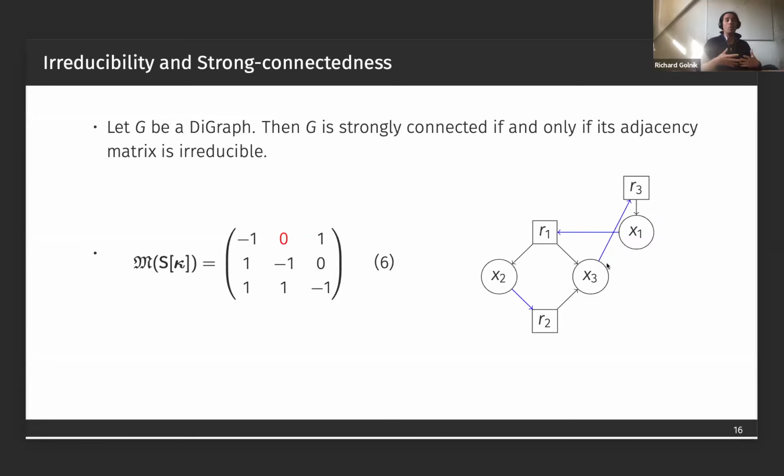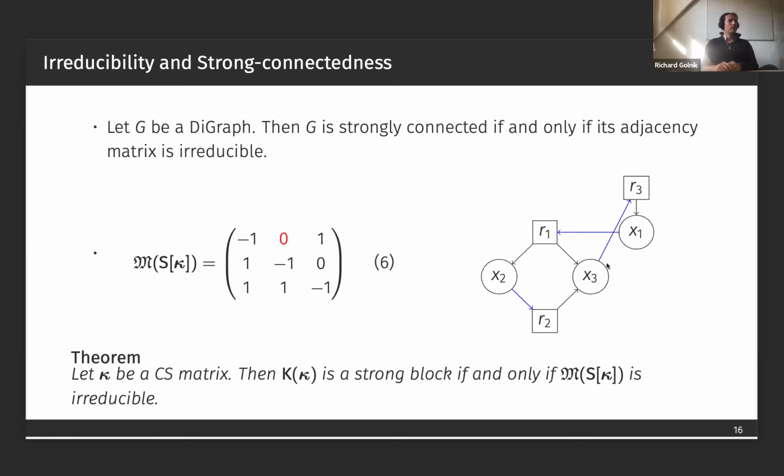And since there's only one way of going from metabolites to other metabolites, this is the idea also for the proof. We not only get that for a child selection matrix, the child selection induced subgraph is a strongly connected graph if and only if the Metzler part of its child selection matrix is irreducible. Moreover, it's also a strong block. That means that the underlying undirected graph is 2-connected.